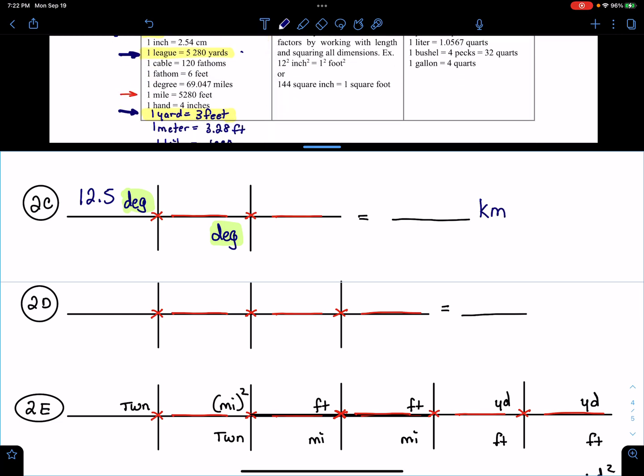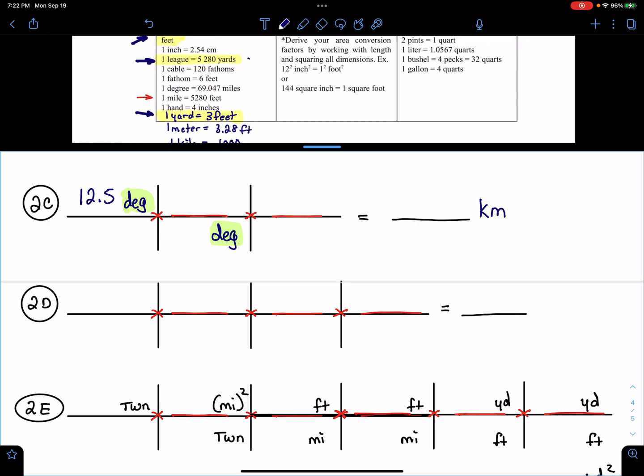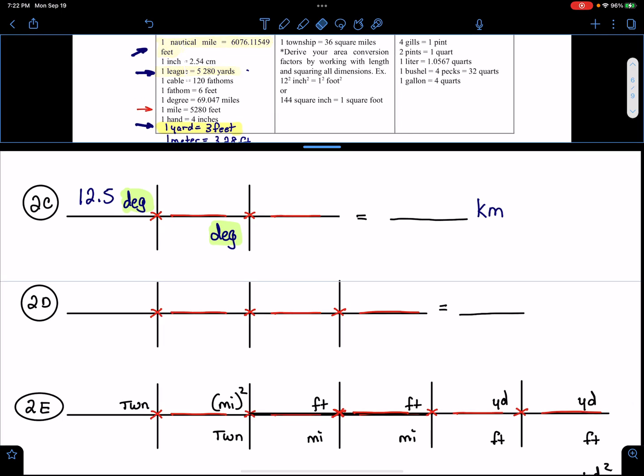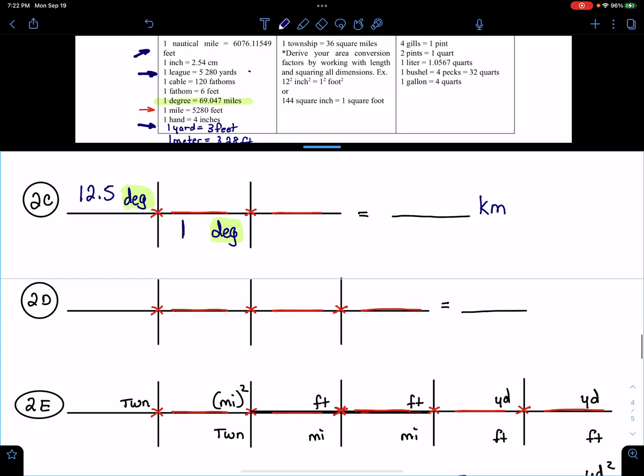All right. Got to go to our list. So if I'm looking at my list here, I'm going to clean this up a little bit. All right. So I need to find degrees. Where is degrees at? Degrees is right here, and that's going to be changing to miles. So let's put that in here. All right. I know that it says 1 degree, so I'm going to put 1 degree.